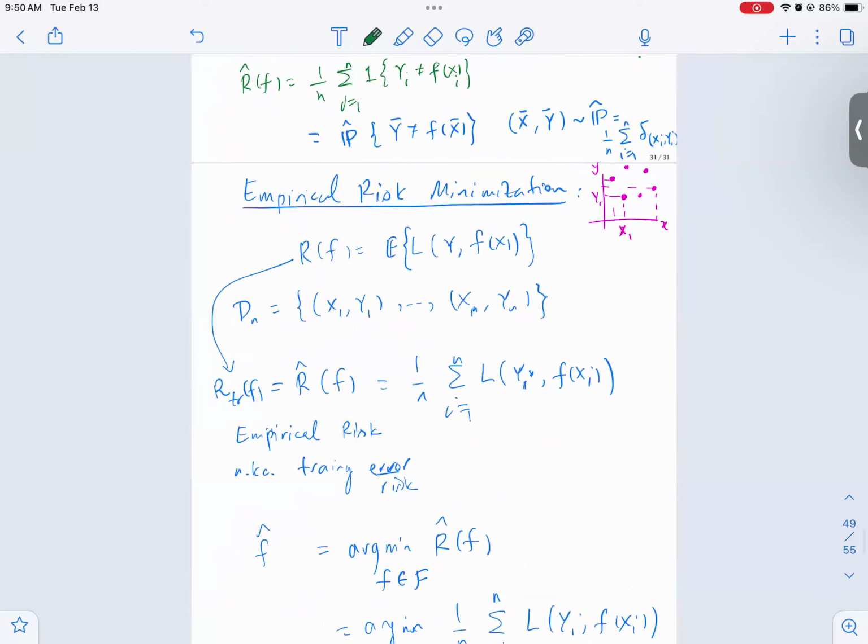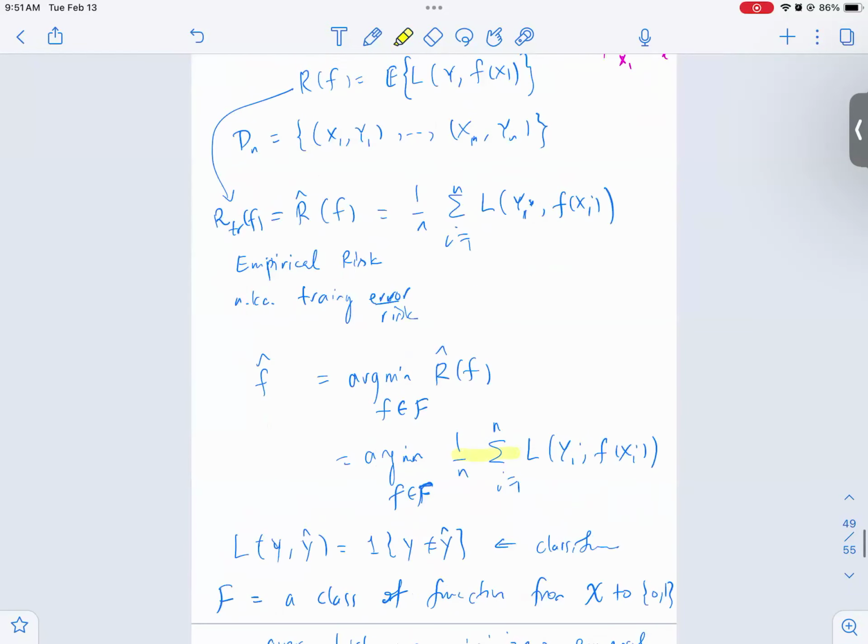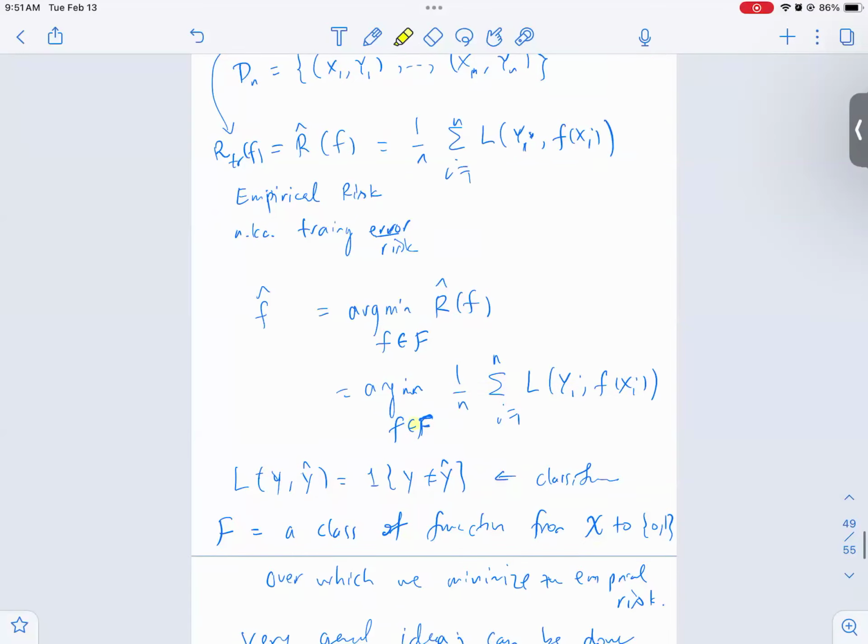So this was the risk, and we replace it with the empirical expectation, which would be this quantity. Then I would have an optimization problem, and we restrict our class of functions to a certain smaller class.